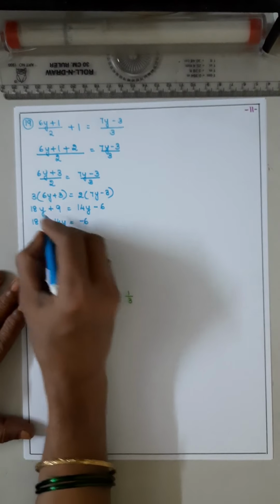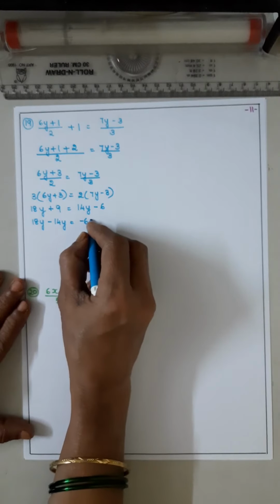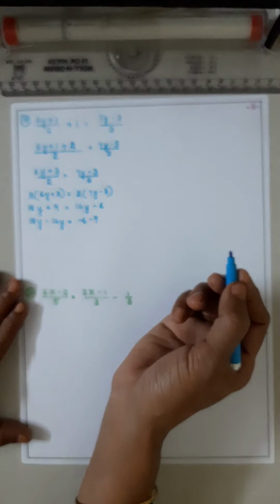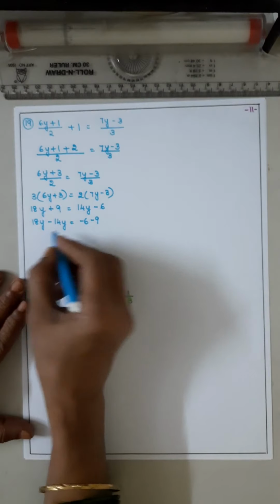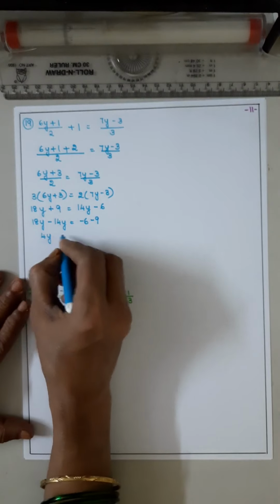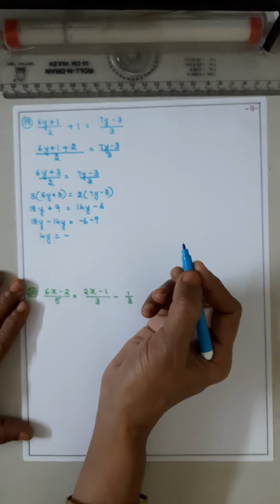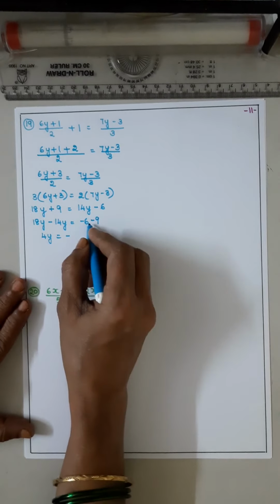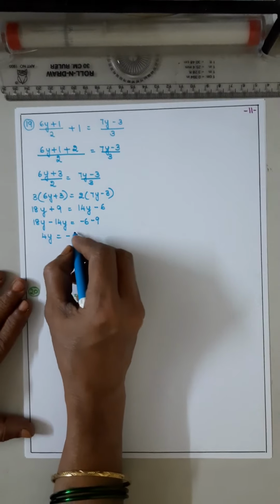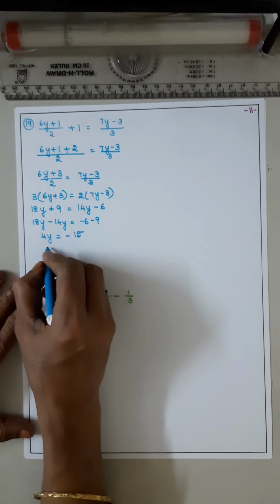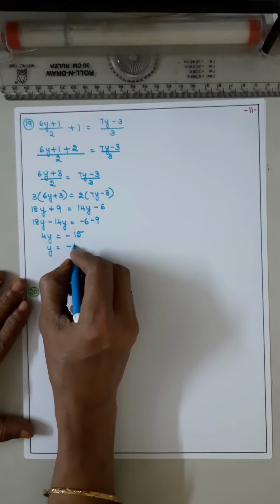Now minus 6, when it goes to the right side, it will be minus 9. So 18 minus 14 will be 4y is equal to minus, minus, minus, but you have to add. So 6 and 9, it will be 15. So y is equal to minus 15 by 4.